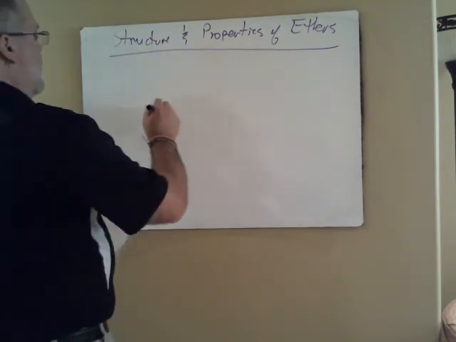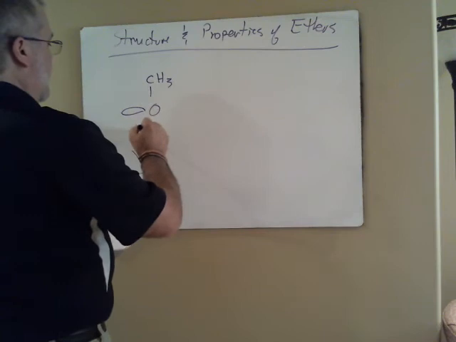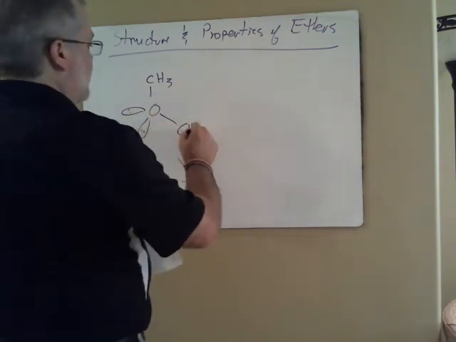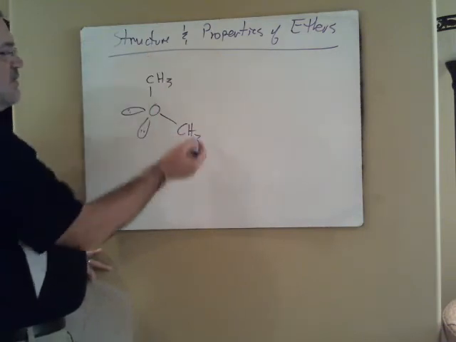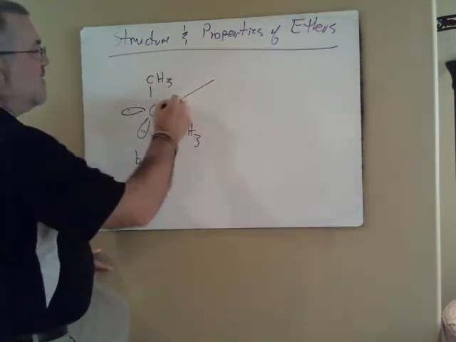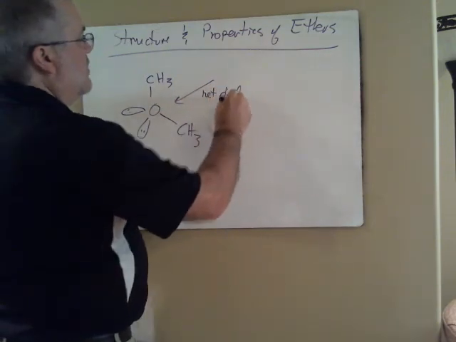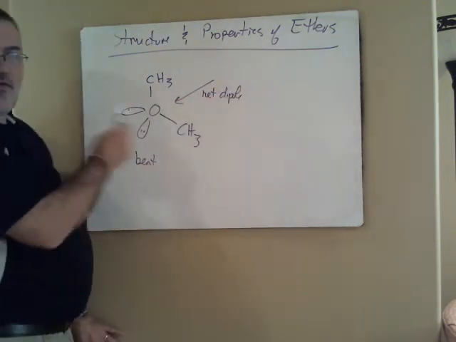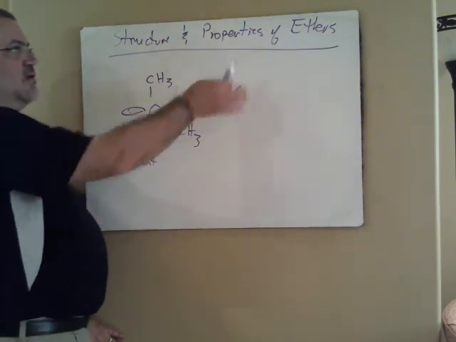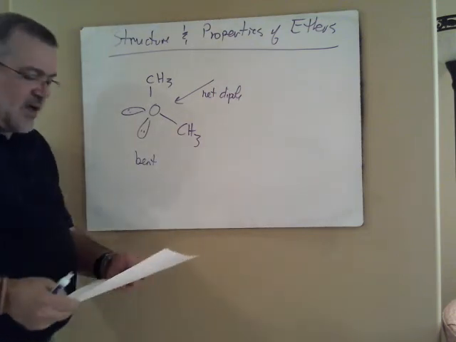You have your oxygen, which has two lone pairs, and now two organic residues. So it's in a bent shape, which means it does have a net dipole, just like you would see for water or for alcohol. And so structurally and in terms of reactivity and properties, they're kind of similar, okay?